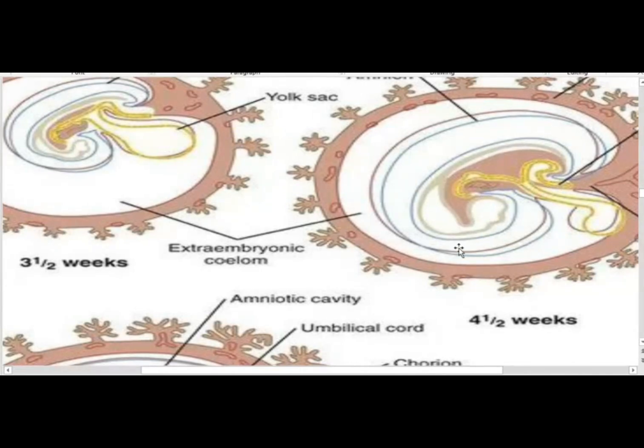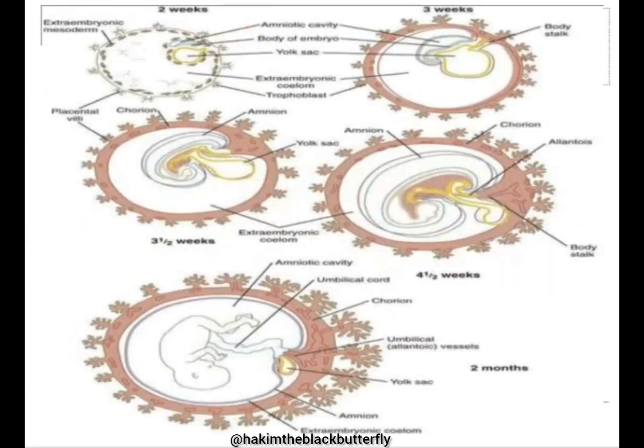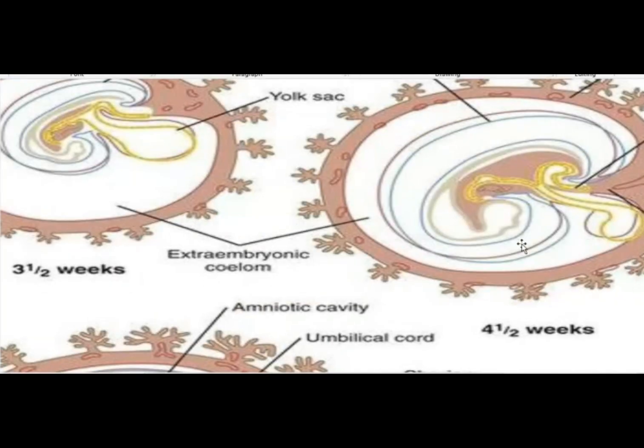But for us, we are still in the second week. But we are going to project and go to the 4th week to look at that membrane known as the allantois properly. So you're going to find that this is our embryo, which developed from the inner cell mass.